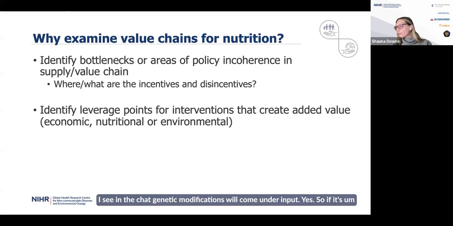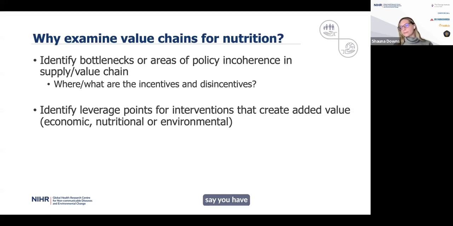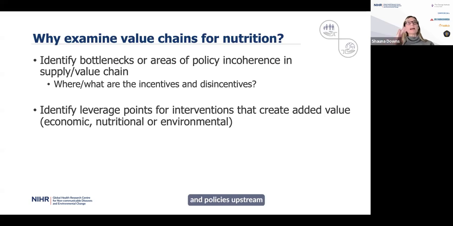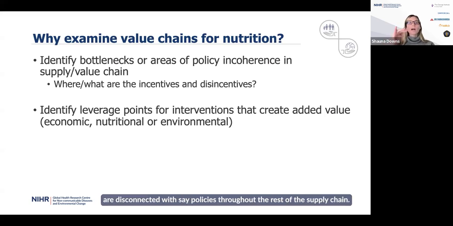I see in the chat, genetic modifications will come under input. Yes, if you have a seed that's been modified, that would be under the inputs. When I say policy incoherence, I mean when you look at the supply chain and policies upstream are disconnected from, say, policies throughout the rest of the supply chain.